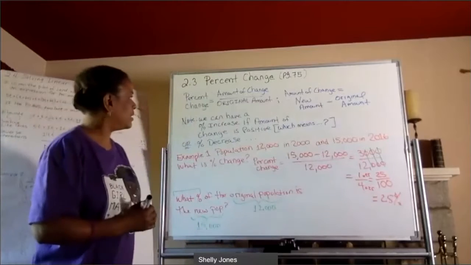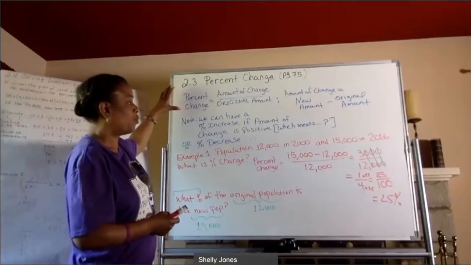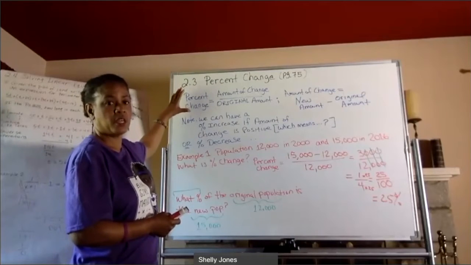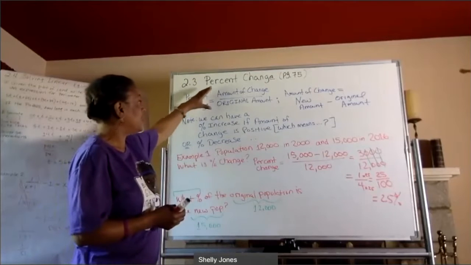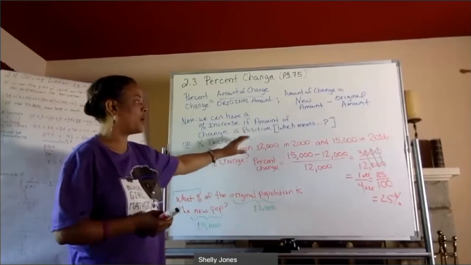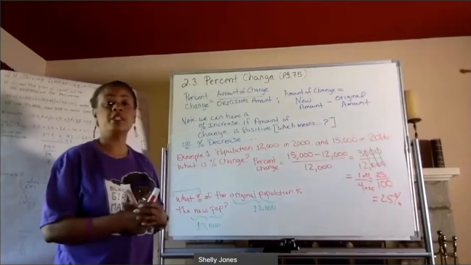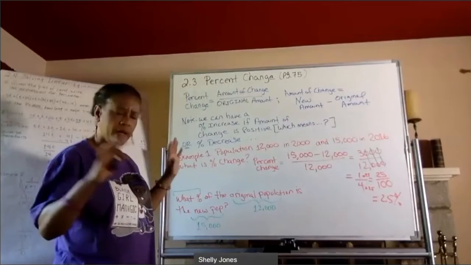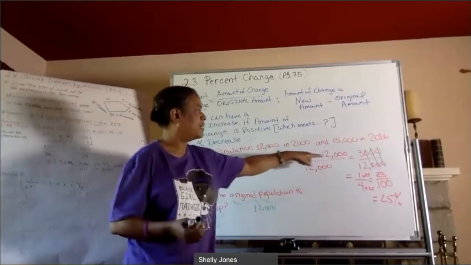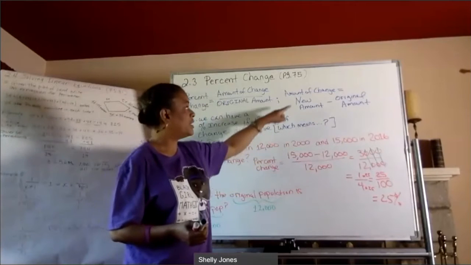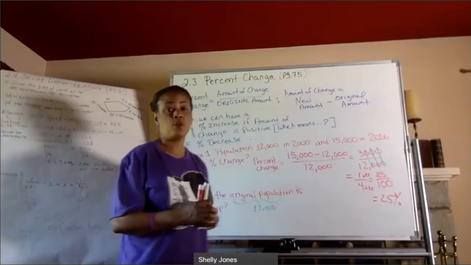So just to remind you what I did: the question was, what was my percent change? My percent change was an increase, because my population went from 12,000 in the year 2000 to 15,000 in the year 2016, so my population went up. At the very beginning I had to find the amount of change, which means the new amount minus the original amount.